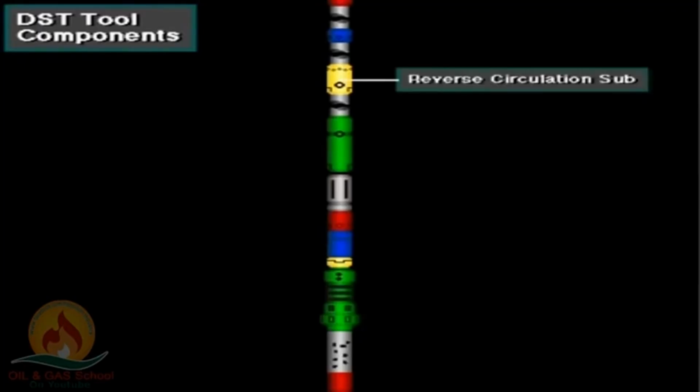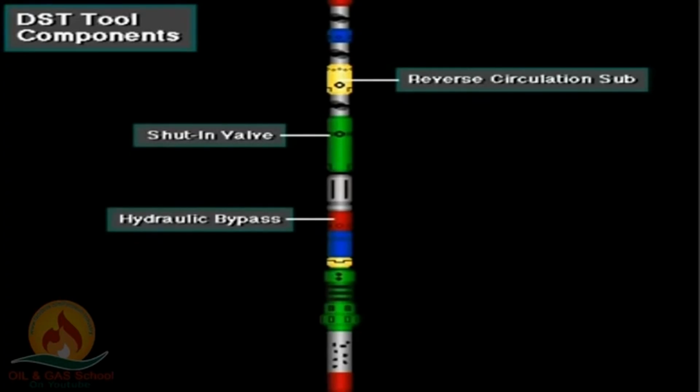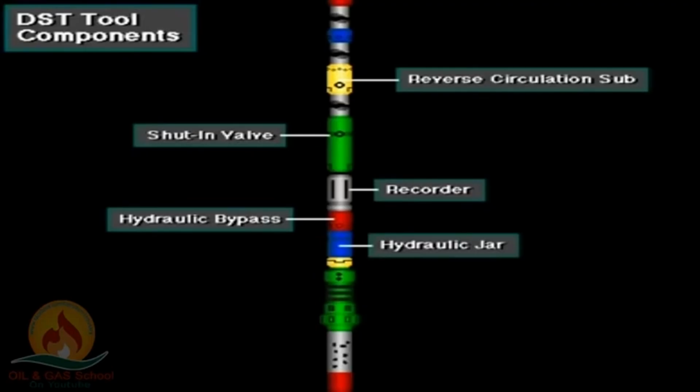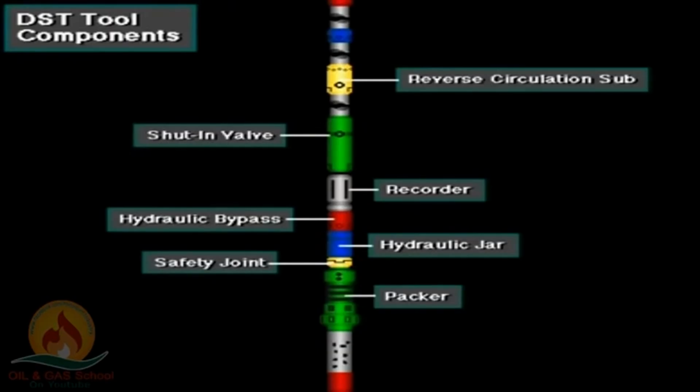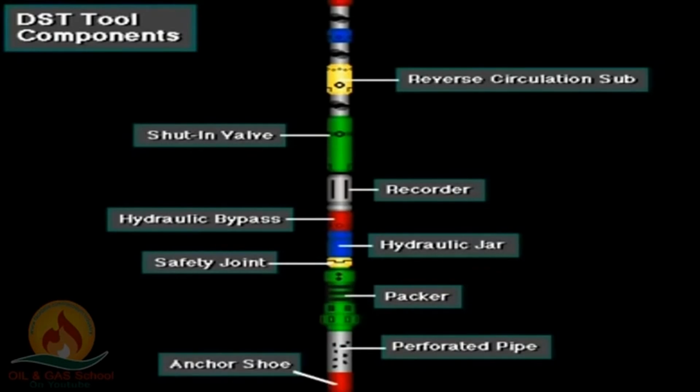From the top, it has a reverse circulation sub, shut-in valve, hydraulic bypass, recorder, hydraulic jar, safety joint, packer, perforated pipe, and an anchor shoe.